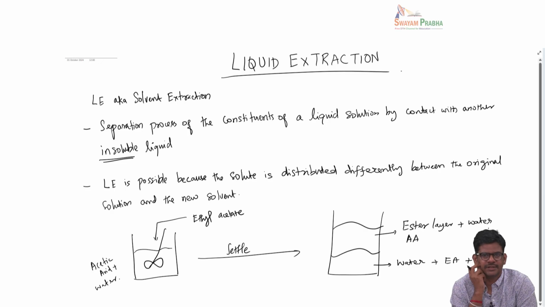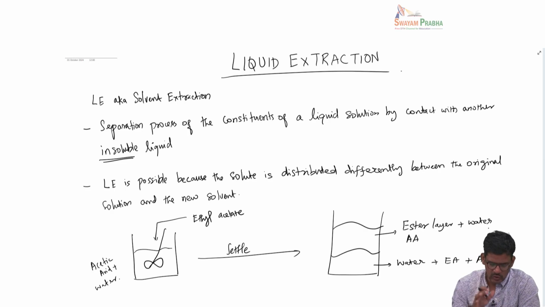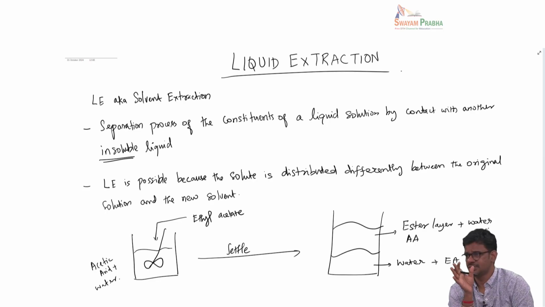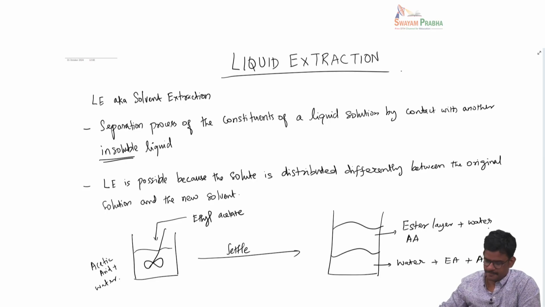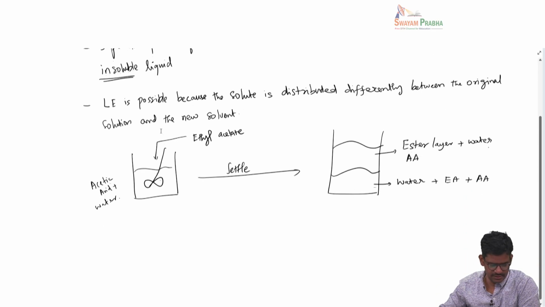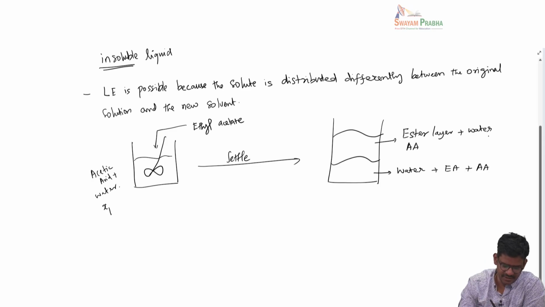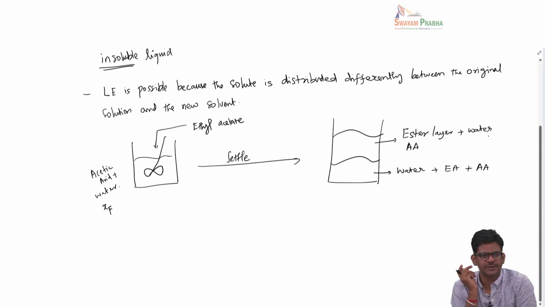Now, if you look at the compositions of acetic acid in all these three things, the original solution, the ester layer and the water layer, the way that the acetic acid is distributed is going to be very different. For example, let us say that XF is the mole fraction of acetic acid in the original solution.